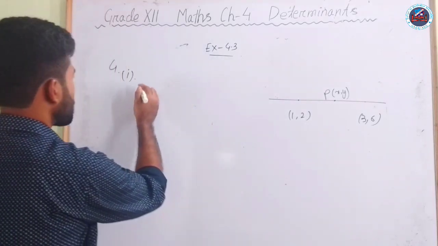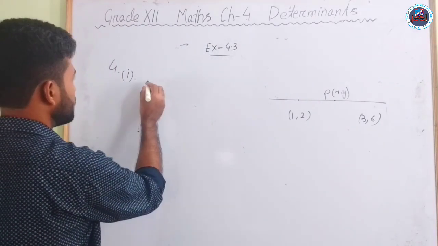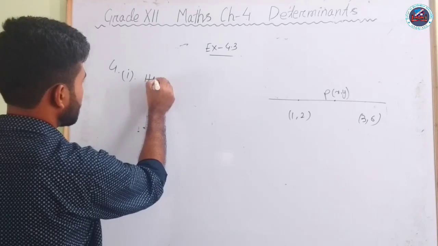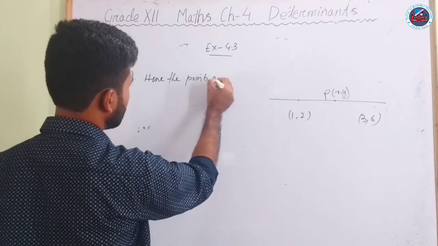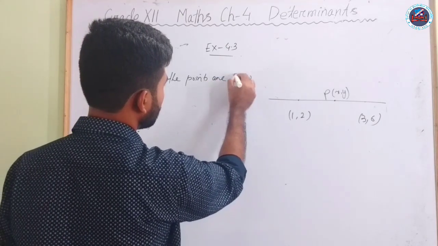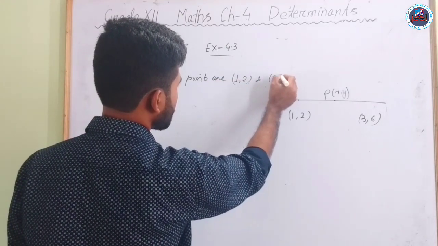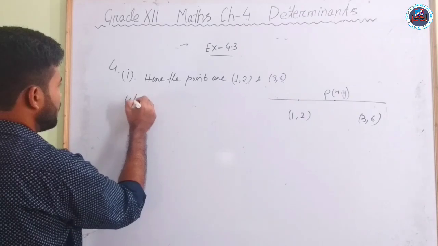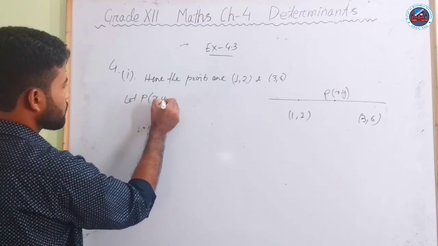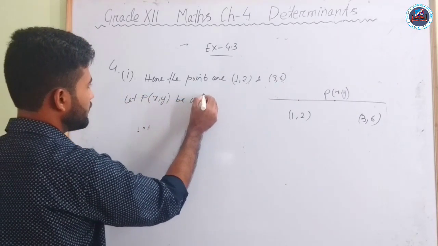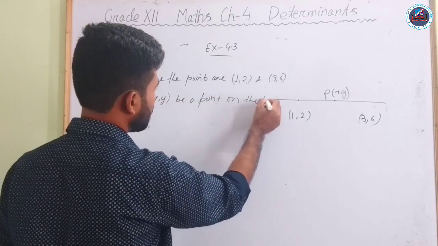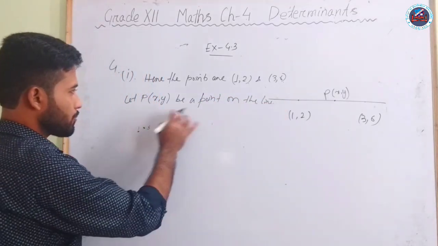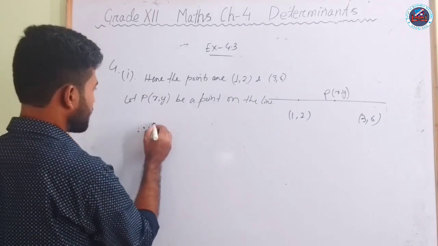Okay, so now let us write: the points are (1, 2) and (3, 6). Let P(x, y) be a point on the line. Since this point is also on the line, they will be collinear, isn't it?